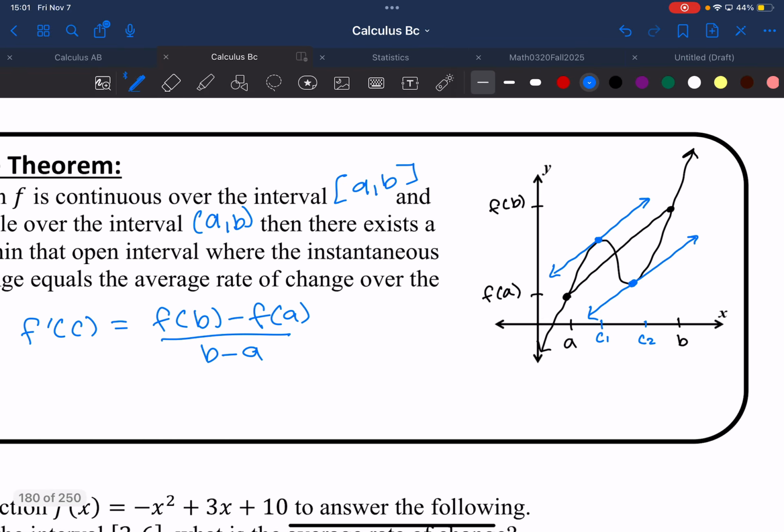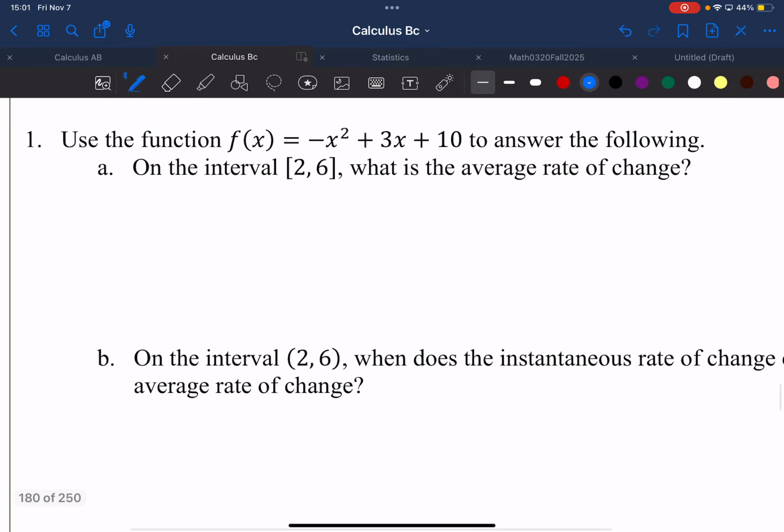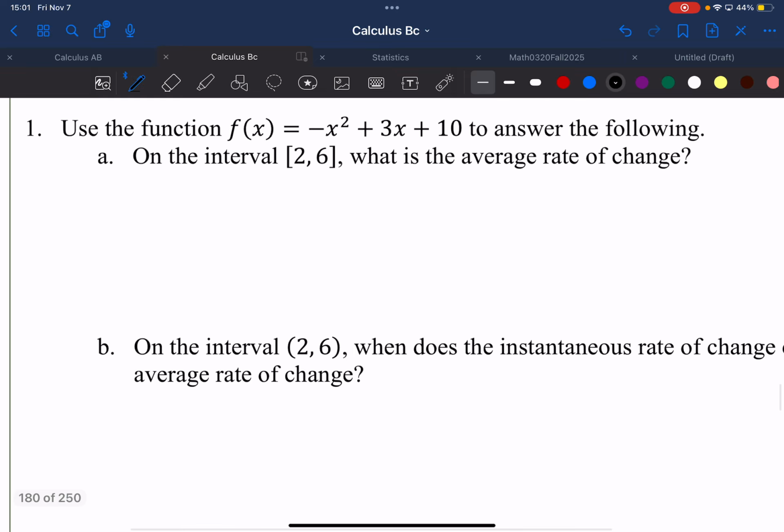In the first couple of examples, it's just going to have us practice finding average rate of change and showing how we can set instantaneous rate of change equal to average rate of change. Number 1 says use the function f of x equals negative x squared plus 3x plus 10 to answer the following. On the closed interval 2 to 6, what is the average rate of change?